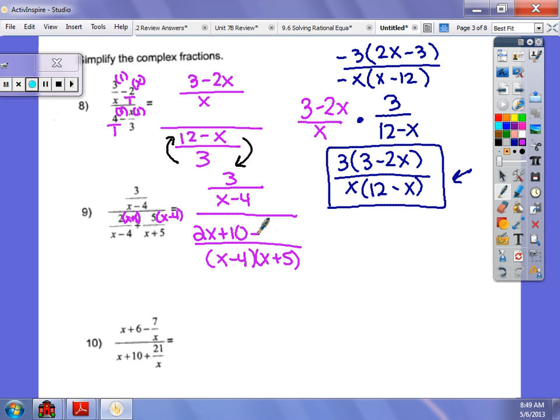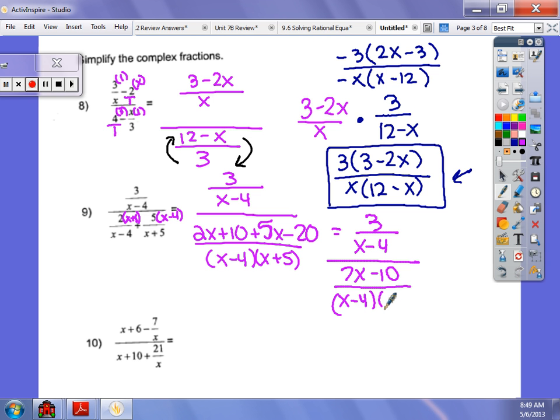5 times x plus 4 is 5x plus 20. That's x minus 4, sorry. So it's 5x minus 20. So now combine your like terms. And you get 7x minus 10. Now remember I told you if anything is the same in the denominator, you can cancel them out.